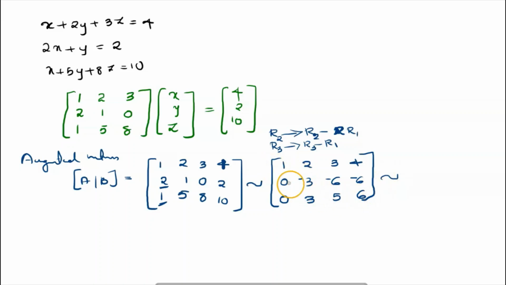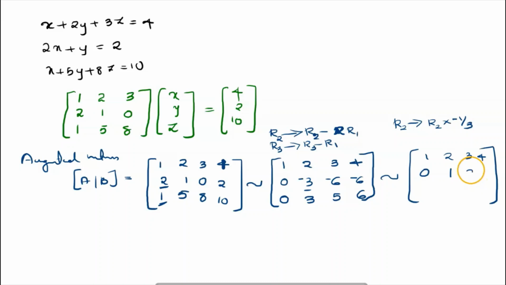Now let's make this element 1 so that it is easy to compute. So R2 changes to R2 into minus 1 by 3. So I'm changing R2 to 0, 1, 2, 2, and R3 is 0, 3, 5, 6.